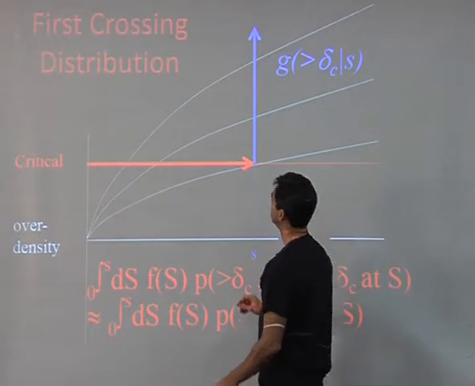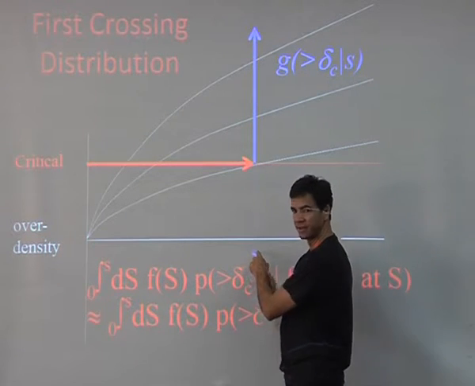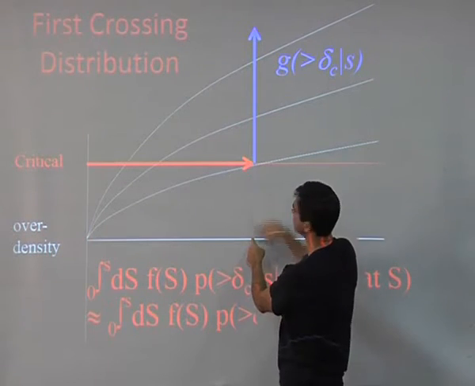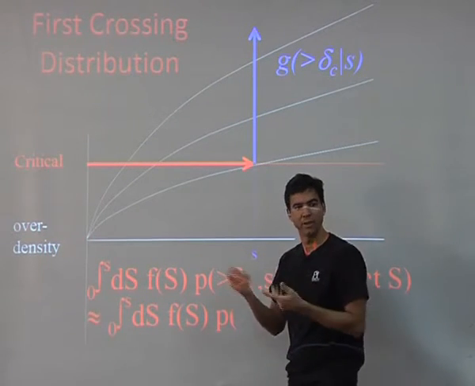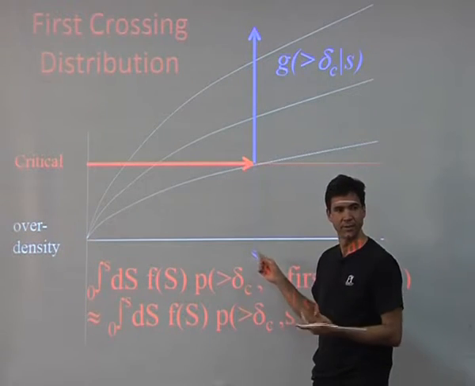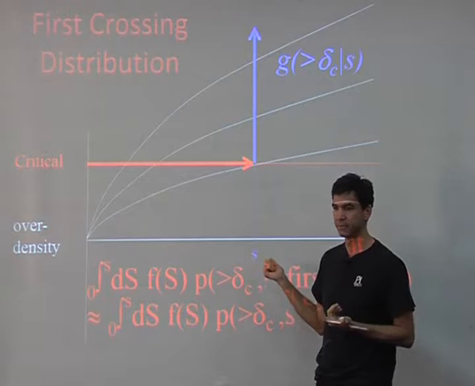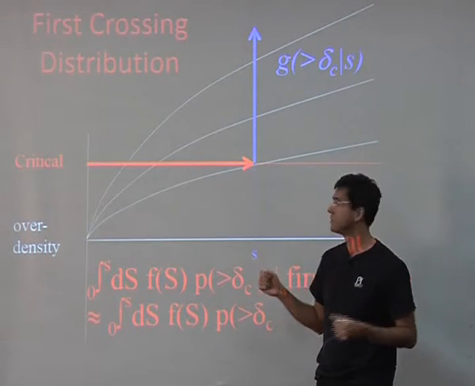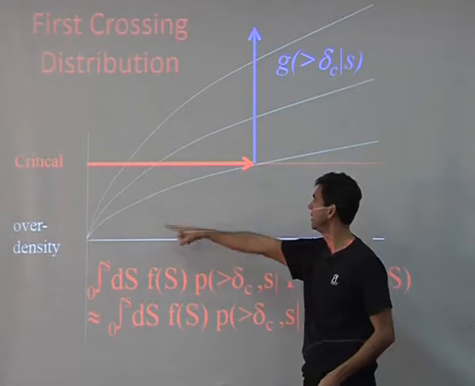And so if this is sigma squared, the width of this Gaussian, one width, will be the square root of S, the square root of sigma squared. That's what we mean by the width of the Gaussian. So that's why I've drawn curves that look like they're doing square root.